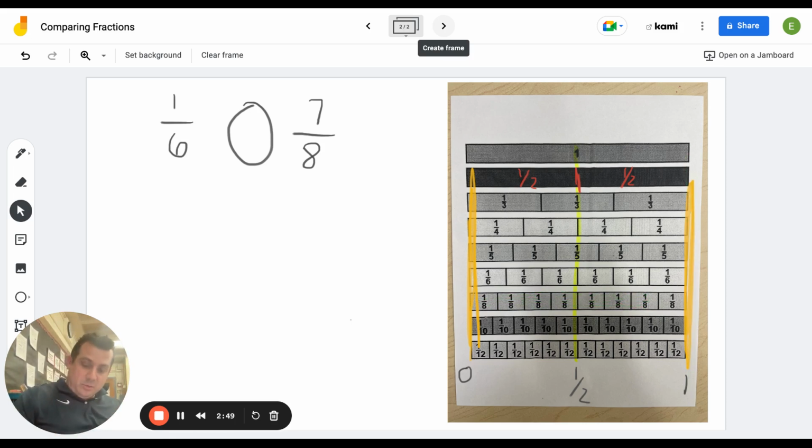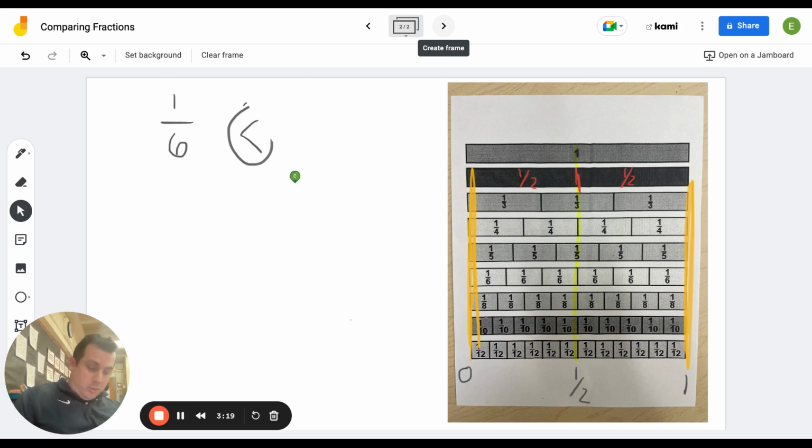So right here, just by making sense, we could say that 7/8 is greater than 1/6 because 7/8 is closer to a whole and 1/6 is closer to 0. And we spoke that when the numerator and denominator are really close together, it's closer to a whole. And when they're really far apart, it's closer to 0. All right. So I'll erase that one.